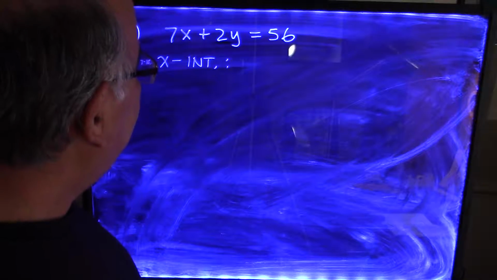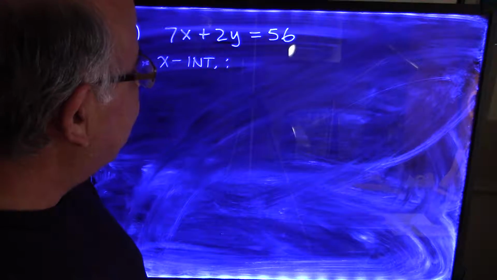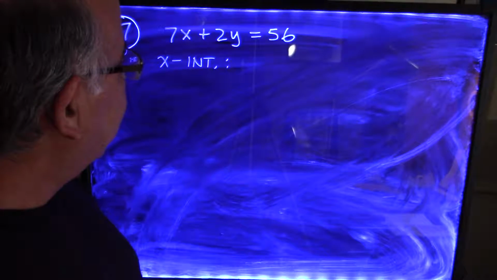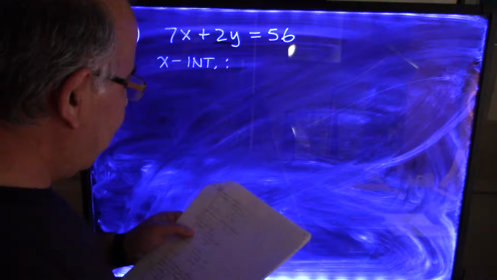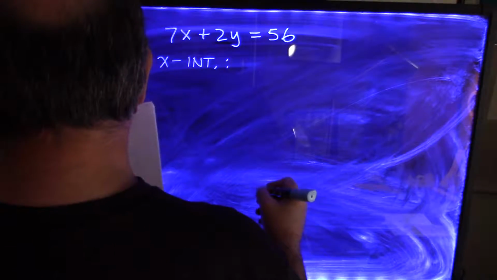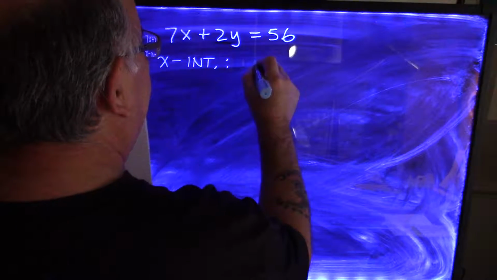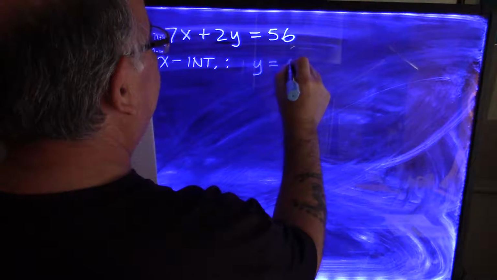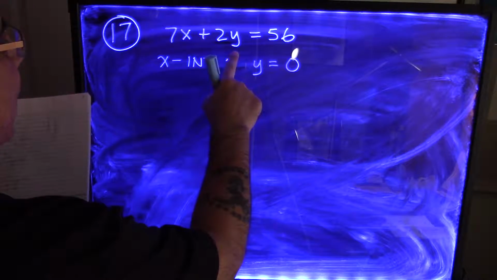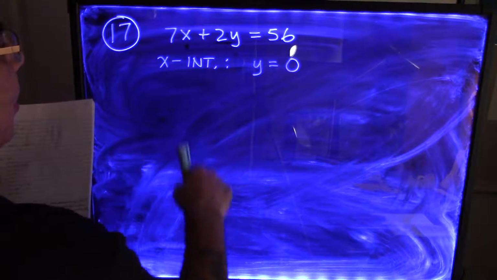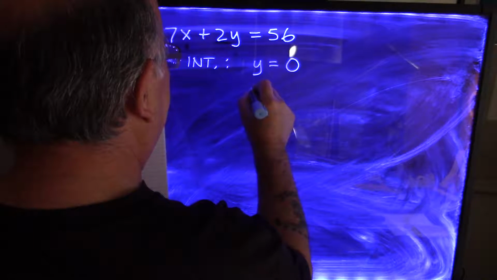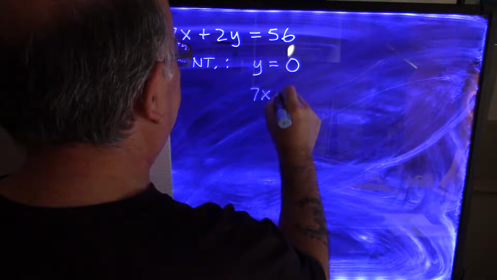When it's written in standard form, it's much easier to calculate the intercepts. The x-intercept was always kind of a hassle, but in this one it's pretty easy, because that's where y equals 0, and all you have to do is plug in 0 here. And then for the y-intercept, you just let x equal 0. So it's nice and easy, relatively speaking.